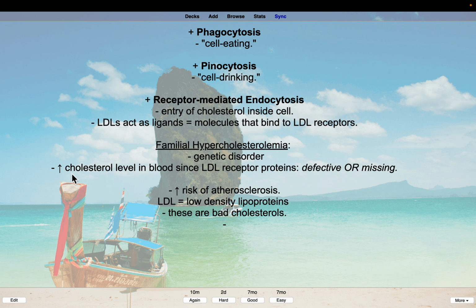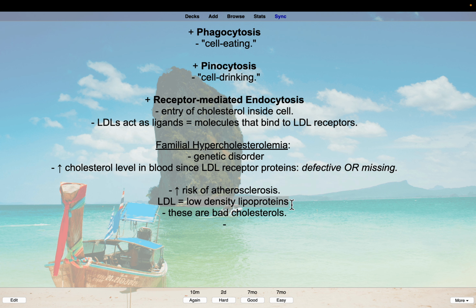There is an increase in cholesterol level in blood since LDL receptor proteins are either defective or missing. So, it's important for these receptor proteins to be normal. Otherwise, you'd have a higher risk of atherosclerosis even if you don't live an unhealthy lifestyle. You don't eat fast food, but you'd still get atherosclerosis because of this.